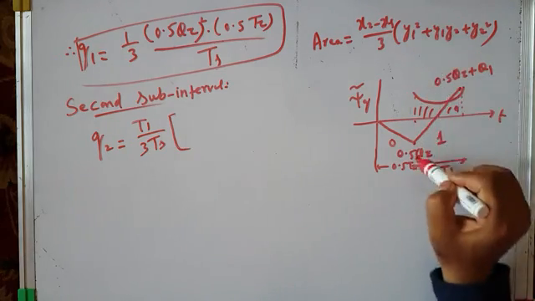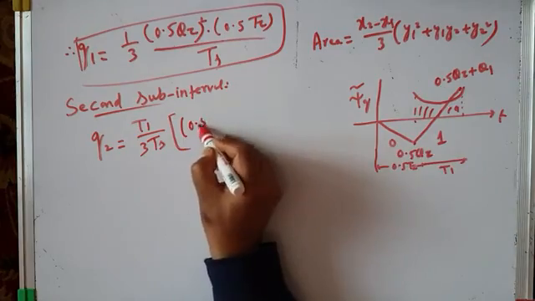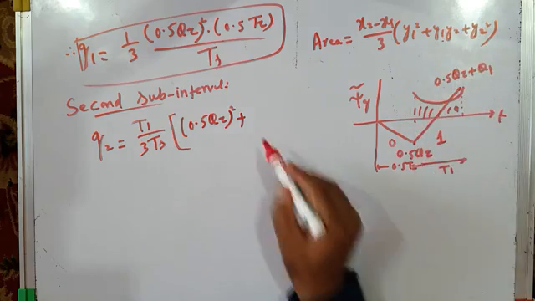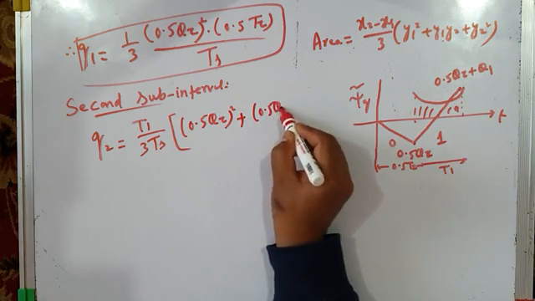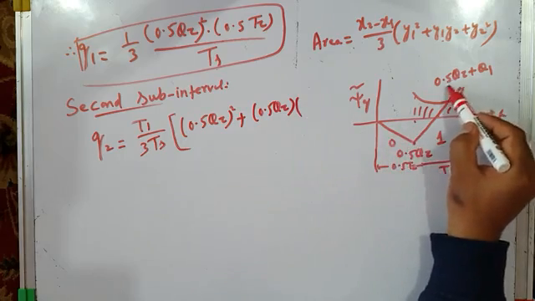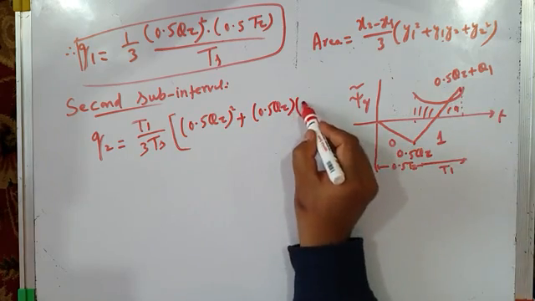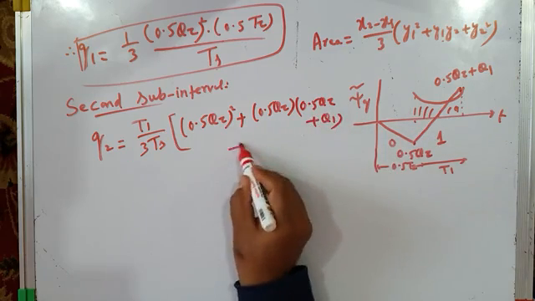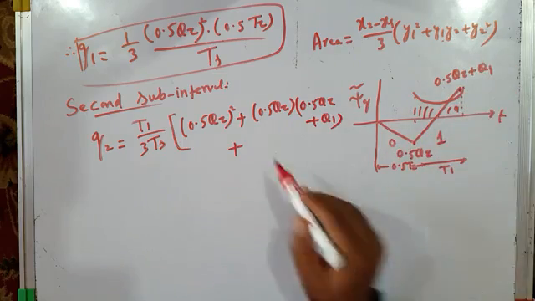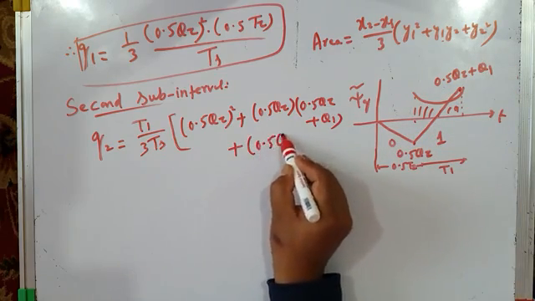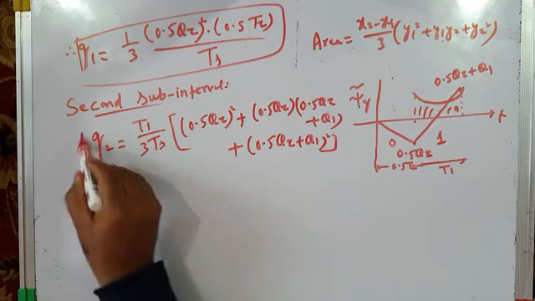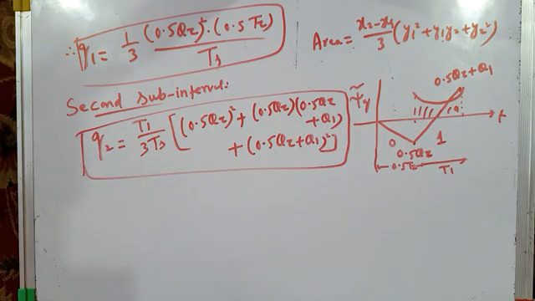Y1 square is 0.5 qz whole square, plus y1 into y2, that is 0.5 qz into 0.5 qz plus Q1, plus y2 square, that is 0.5 qz plus Q1 whole square. That's it, this is my Q2. This is what I get in the second subinterval.